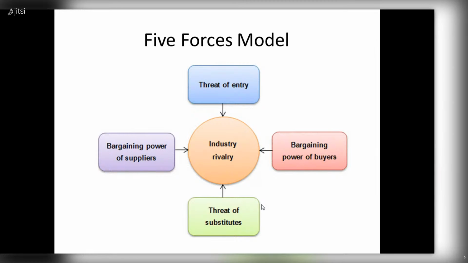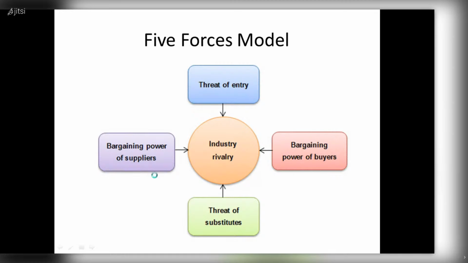For example, if I take threat of new entry, you need to gather information like the amount of capital required, brand reputation, product differentiation, economies of scale, and government regulations.